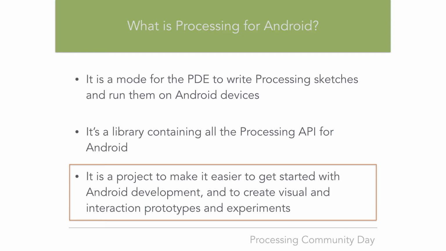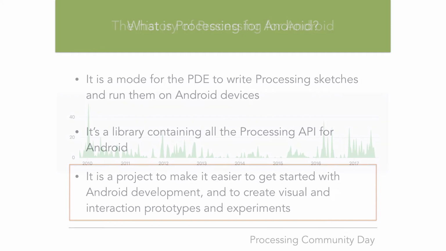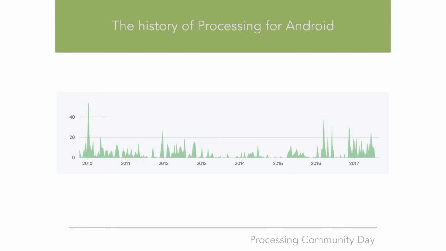So it's actually not new. Processing for Android was started like 7 years ago. And actually, the motivation came from Andy Rubin contacting Ben, asking, well, can we use Processing to create apps for Android?